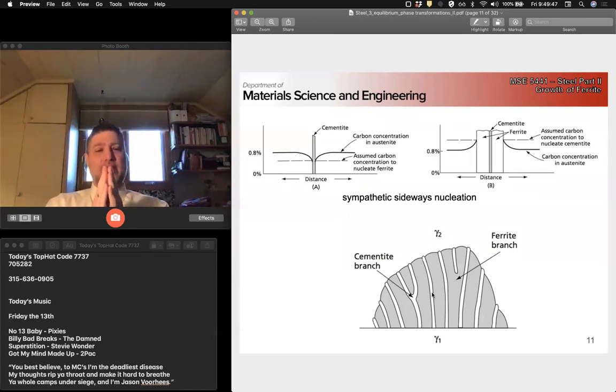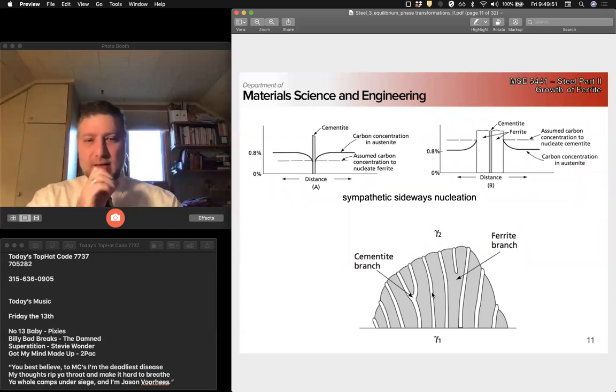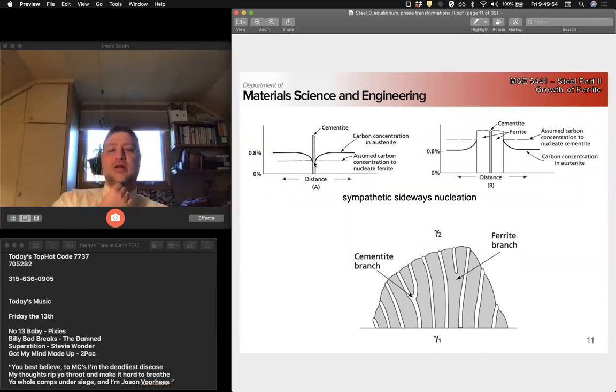Right? So let's just think about this for a second and look at this picture, right? The width that this cementite is going to grow to before austenite nucleates is going to be dependent on how fast I can diffuse carbon from the austenite into the cementite, right?